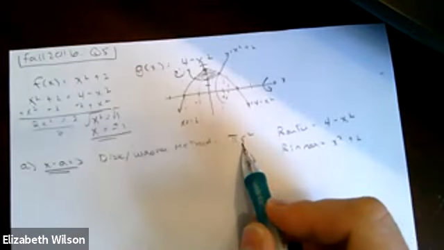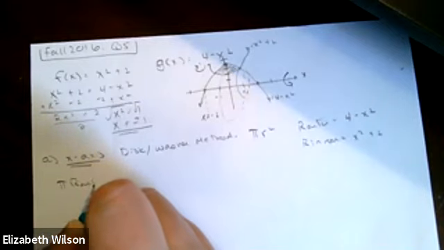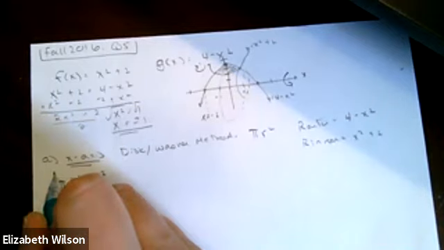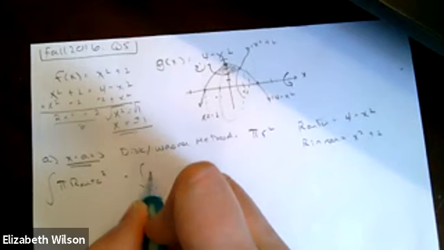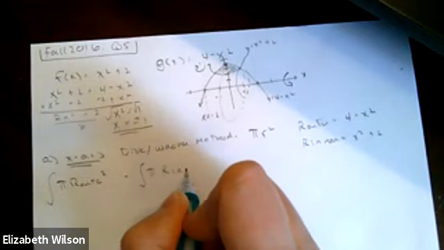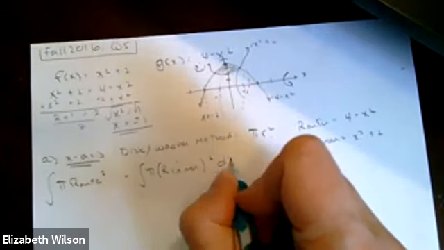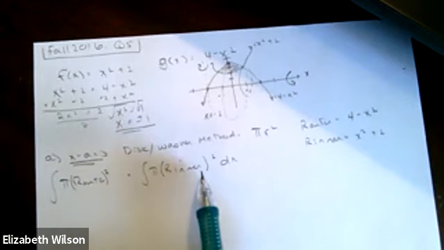Now remember, when we do this, I've got pi r outer squared minus pi r inner squared dx. We often factor out the pi and just say r squared minus r squared. But be very careful, because we're basically subtracting out this area and this area.